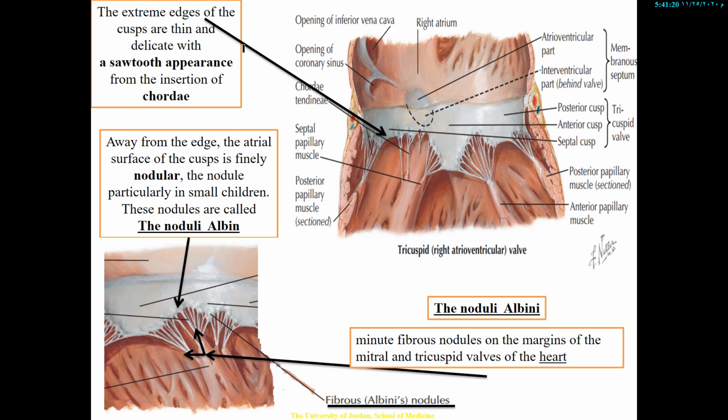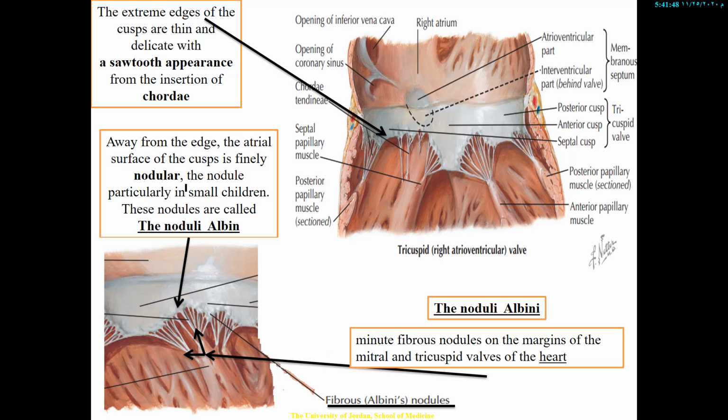The extreme edges of the cusps are thin and delicate with a sawtooth appearance. These are the free edges, from the insertion of the chordae tendineae. Away from the edge, the atrial surface of the cusps is finely nodular.